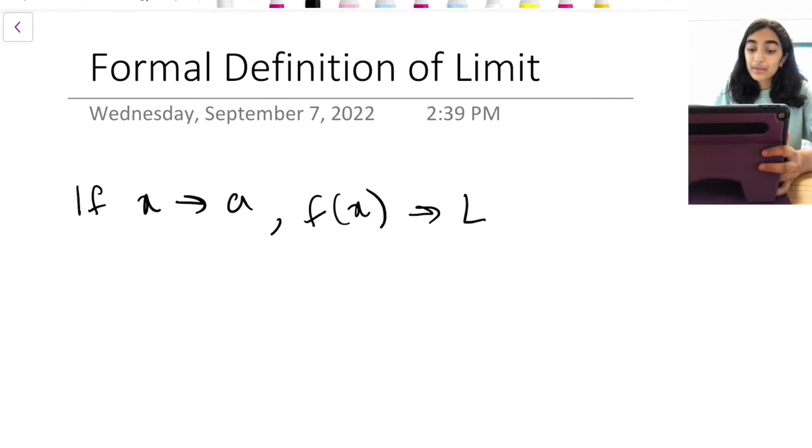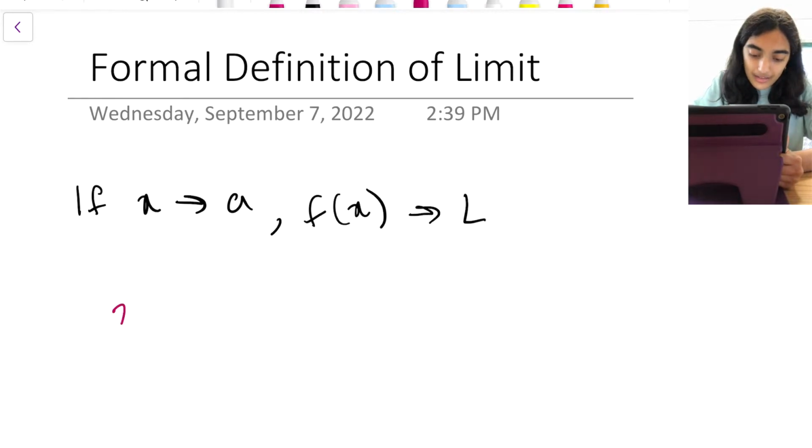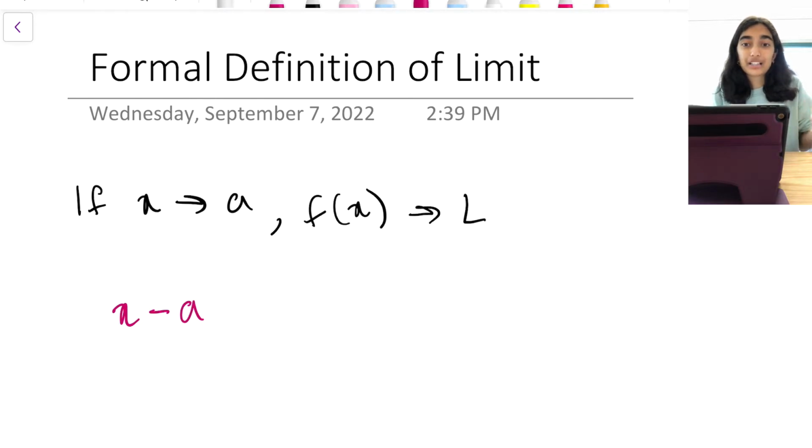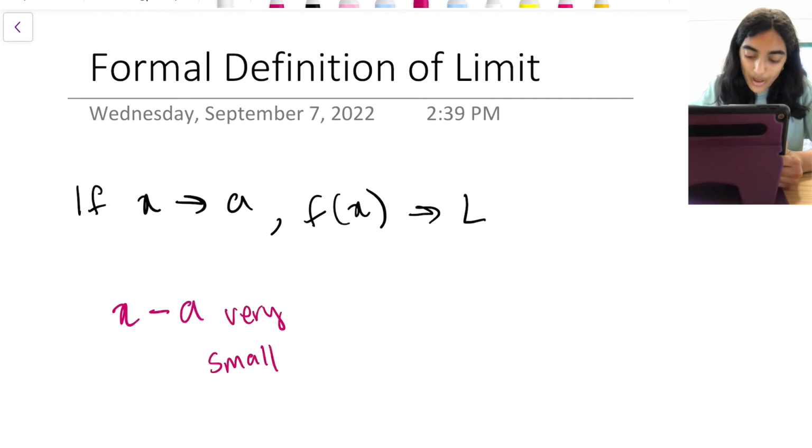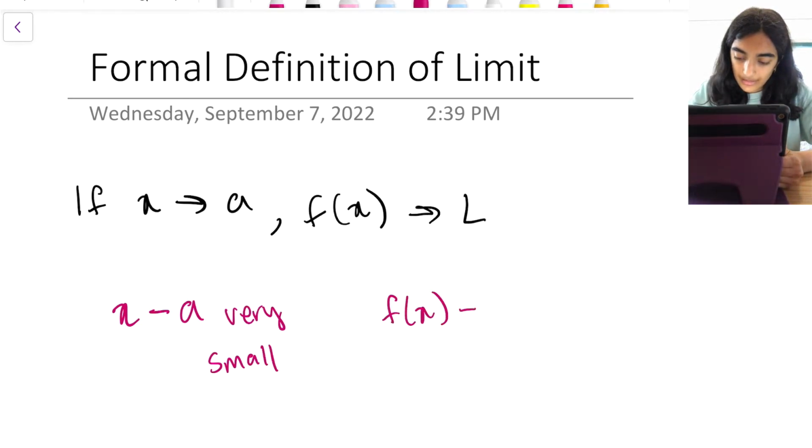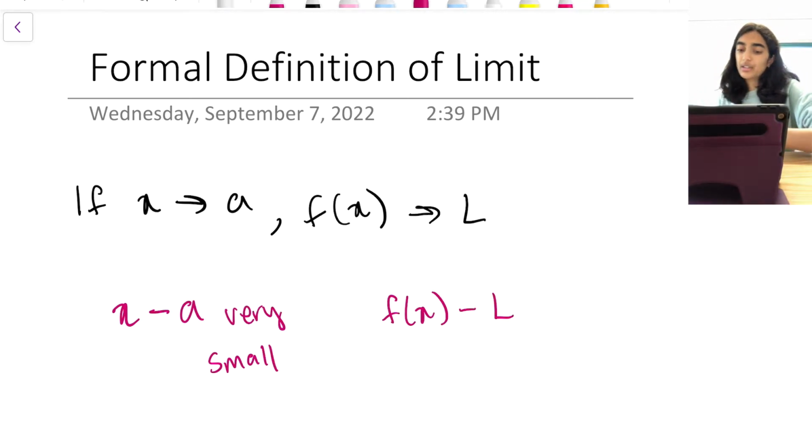And so what do we mean when x approaches a? When x gets really close to a, well, that means that the difference between x and a is going to be very small, right? So let's say that x minus a is very, very small as our x value gets really, really close to a, which is our point of interest, as well as the difference between our f of x and L. That's also going to be very small.